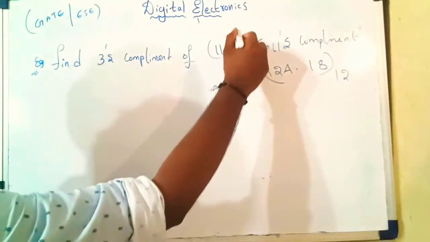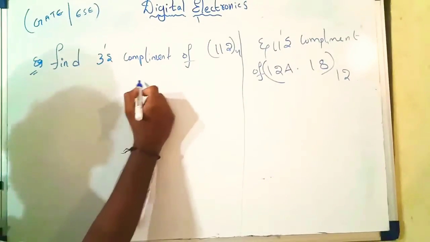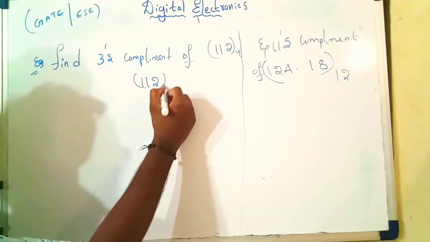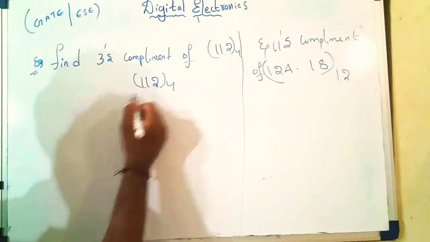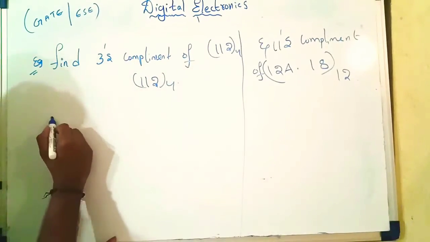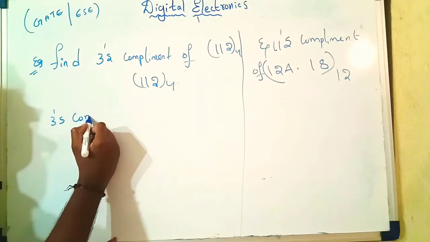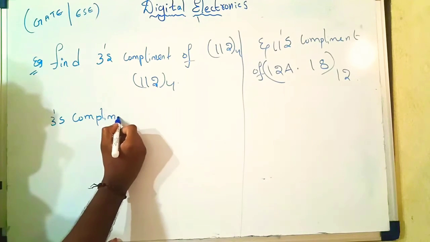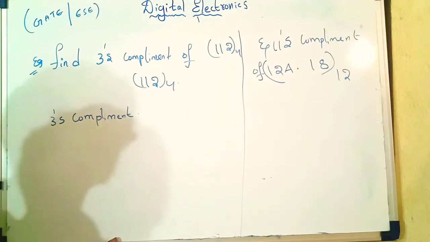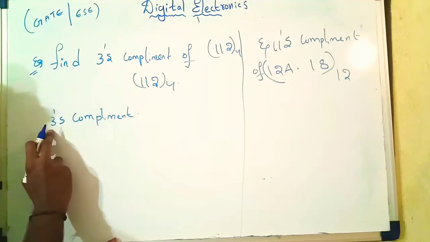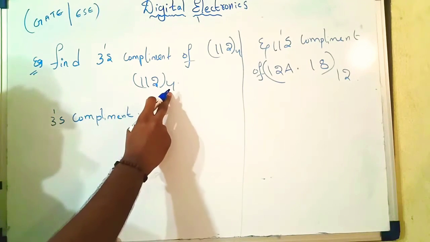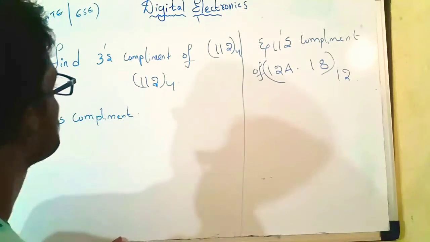First we will see the 112. This is 112 base 4. Here he asked for the 3's complement. For 3's complement, the base value should be the complement plus 1, 3 plus 1. The base value is 4. So we can find the 3's complement.